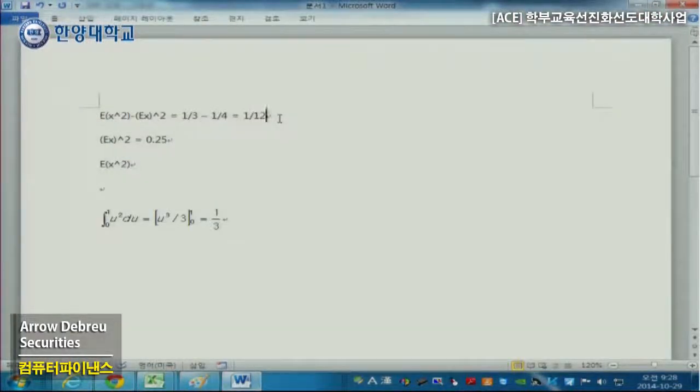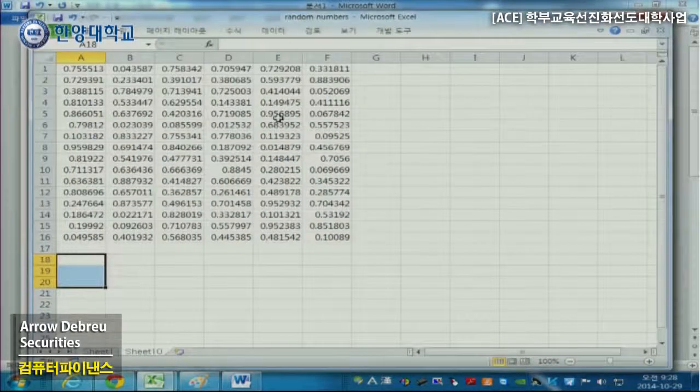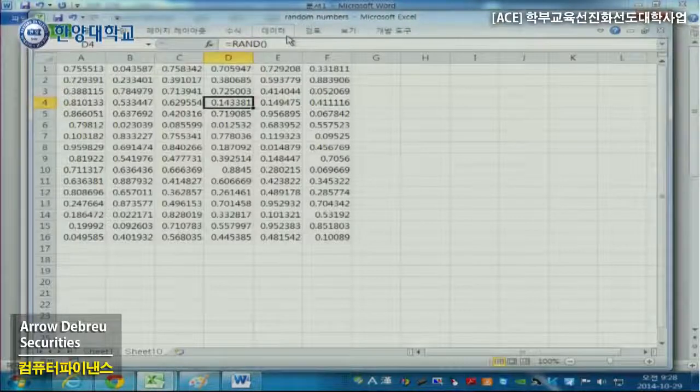So this is RAND. Please remember this RAND function. It is a very important function. Next, let's think about how to generate random natural numbers. Suppose we want to generate a random natural number between 1 and 100 with equal probability.